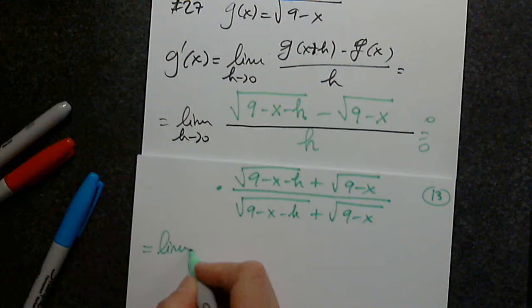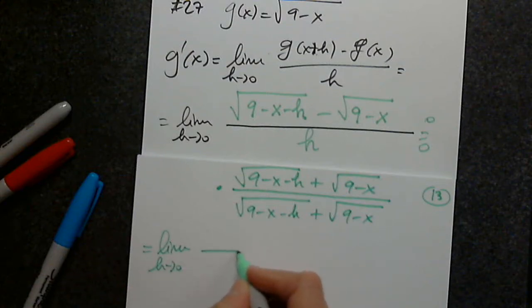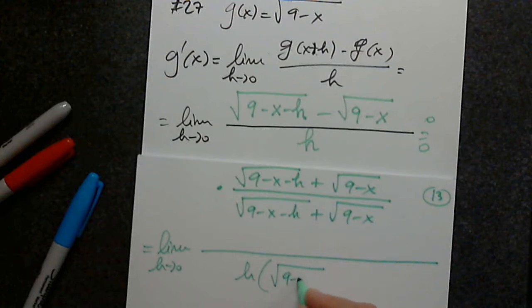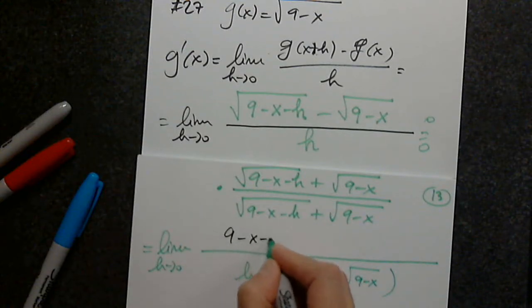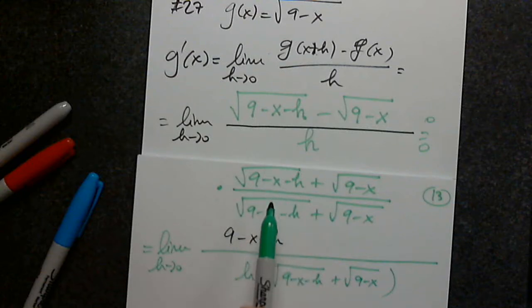Do not drop the limit operator. I will write the denominator. And please give me the numerator. Nine minus x minus h, remember we had to distribute.